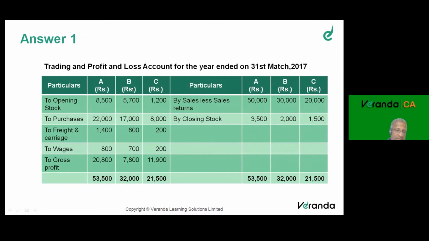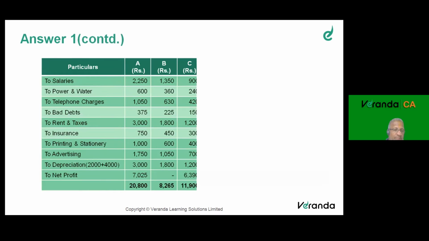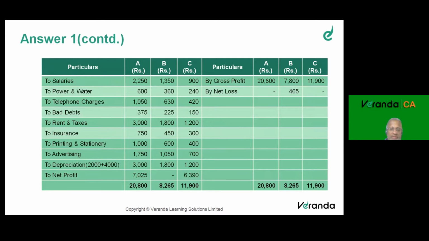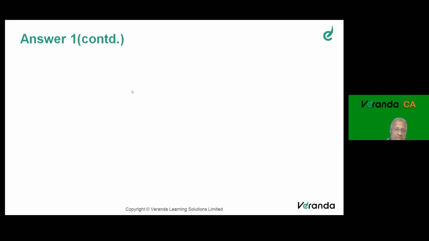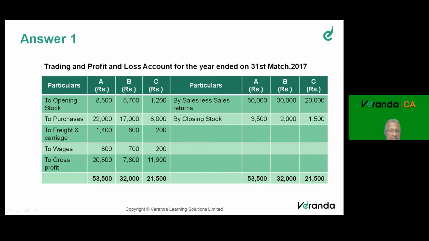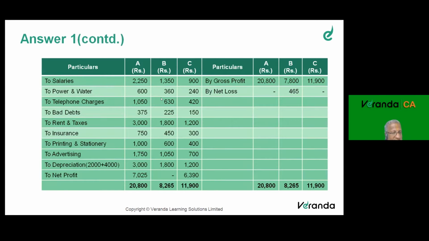Sales figures given, with closing stock also given, opening stock, purchase price, and all that breakup they have provided. Wages outstanding also we are expected to take into account. Then the preparation of the profit and loss account would result, where the gross profit, as we have done in the case of trading account, and as we know the expenses are to be shared between the 3 departments based on the sales ratio they have given as 5:3:2. 5:3:2 is the ratio that we have adopted for all the items.